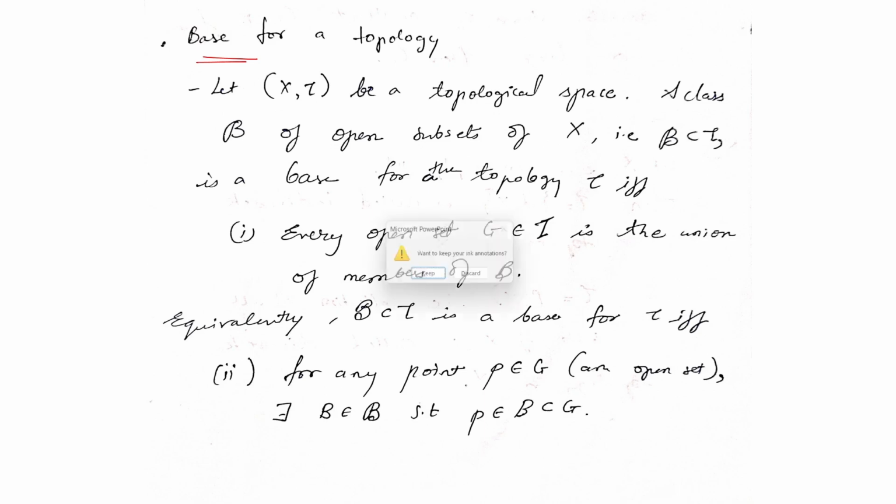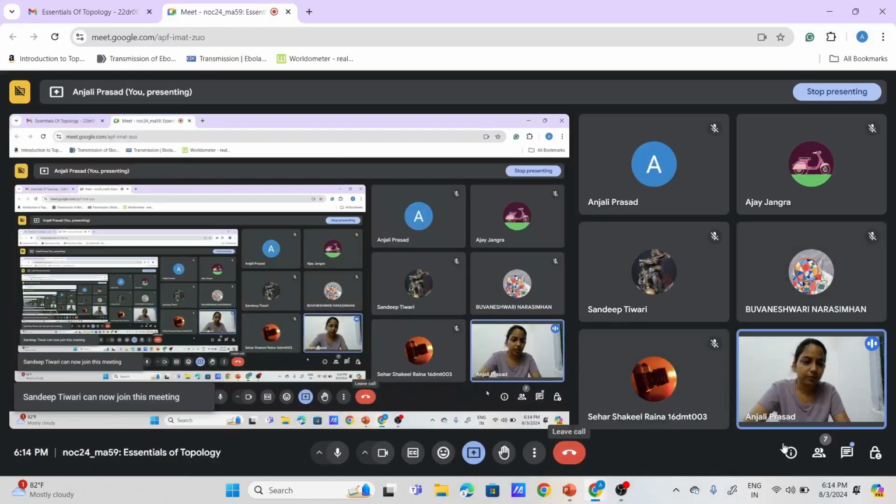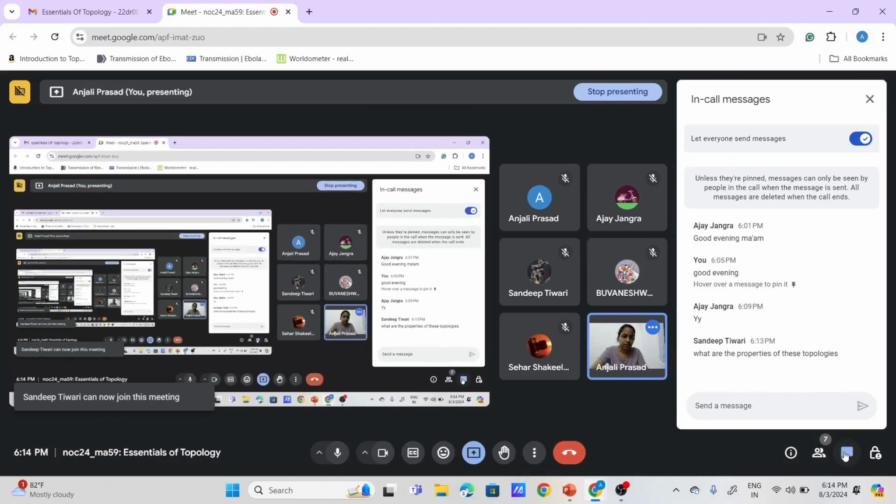So do you have any queries? If you have any query and you are comfortable, please unmute yourself and ask the question. Someone is asking, what are the properties of these topologies? In what sense are you asking?